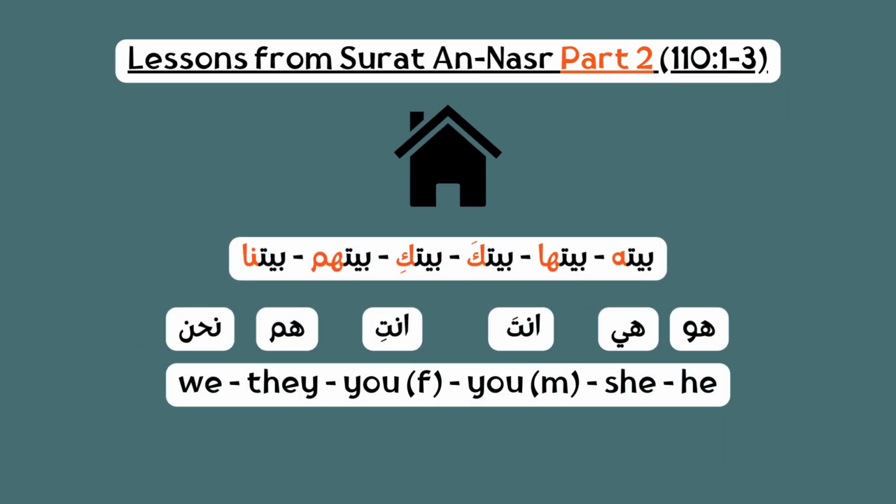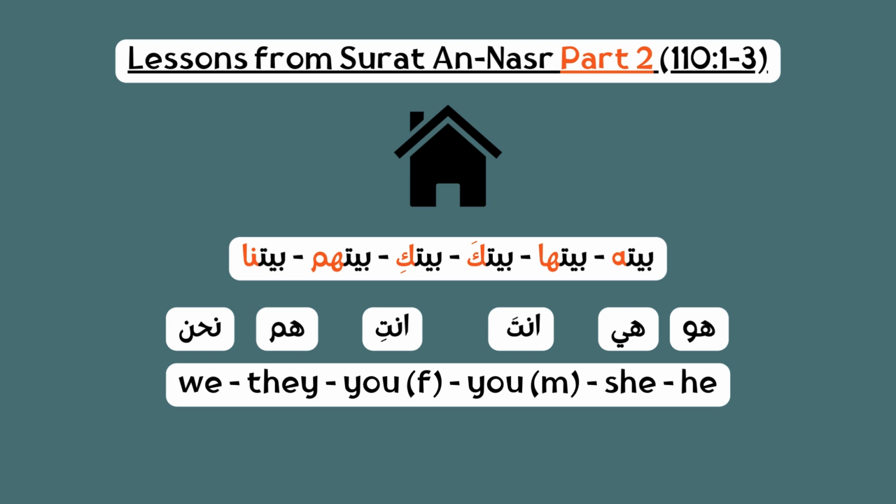For example, if you're talking about a house and you want to say his house, house is bait. There's another word, dar, but let's talk about bait. There are two words for house. So bait, in colloquial Arabic, baituhu or baituh. The ha at the end means his house. Baitiha or baitha, the ha means her house.